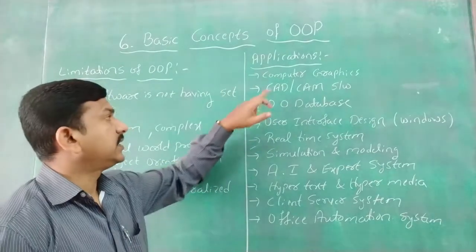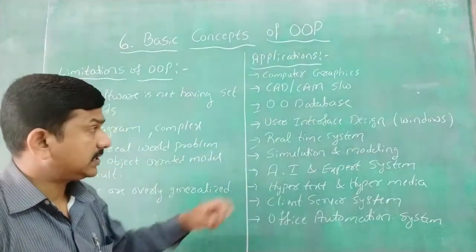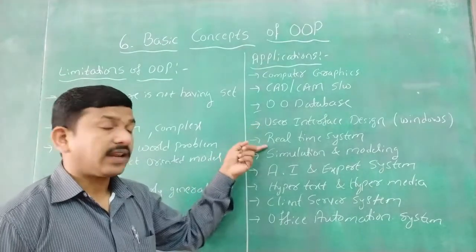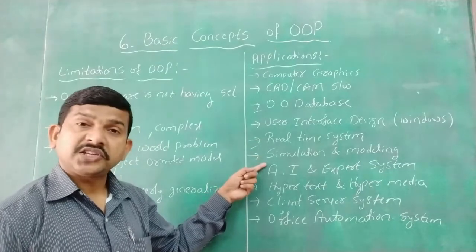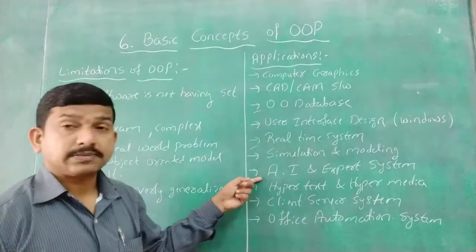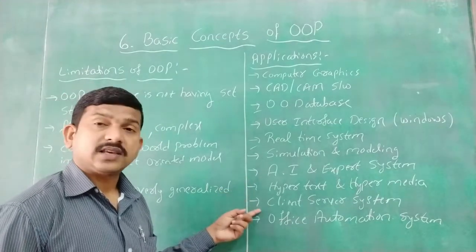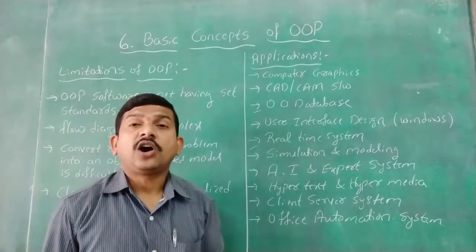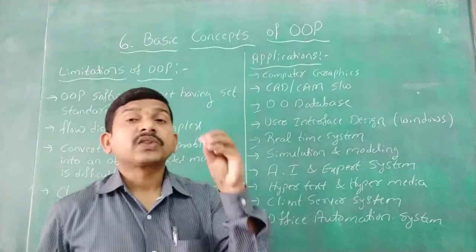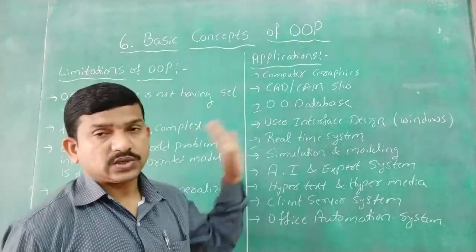Computer graphics, then CAD or CAM software, object-oriented database, user interface design like Windows, then real-time system, simulation and modeling, artificial intelligence, that is robots and expert system, HyperText and HyperMedia, client-server system, as well as office automation system. So these are some of the few areas where you can use this concept.